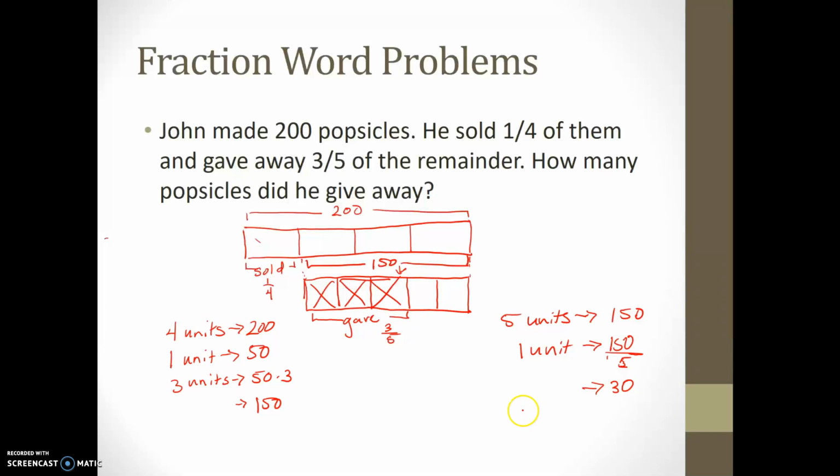So let's solve now for 3 units. 3 units is 30 times 3, which equals 90 popsicles. And that's how many he gave away.